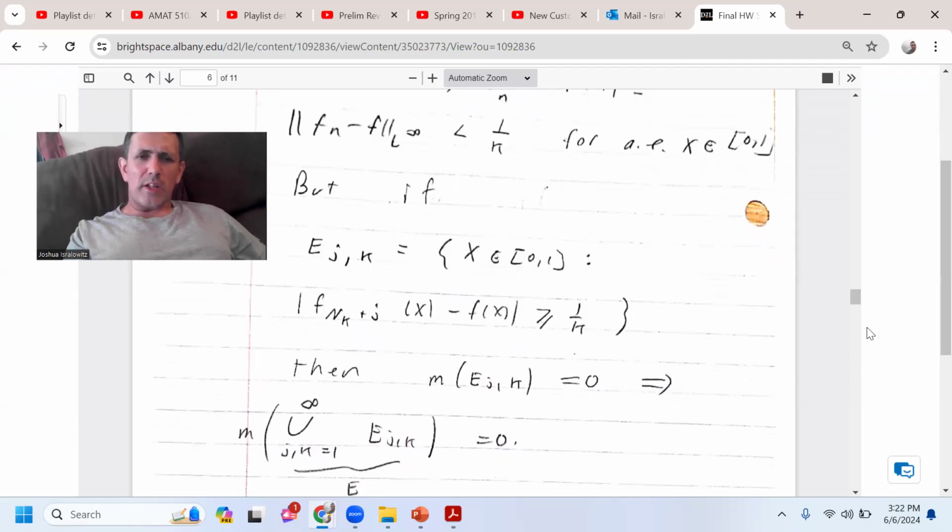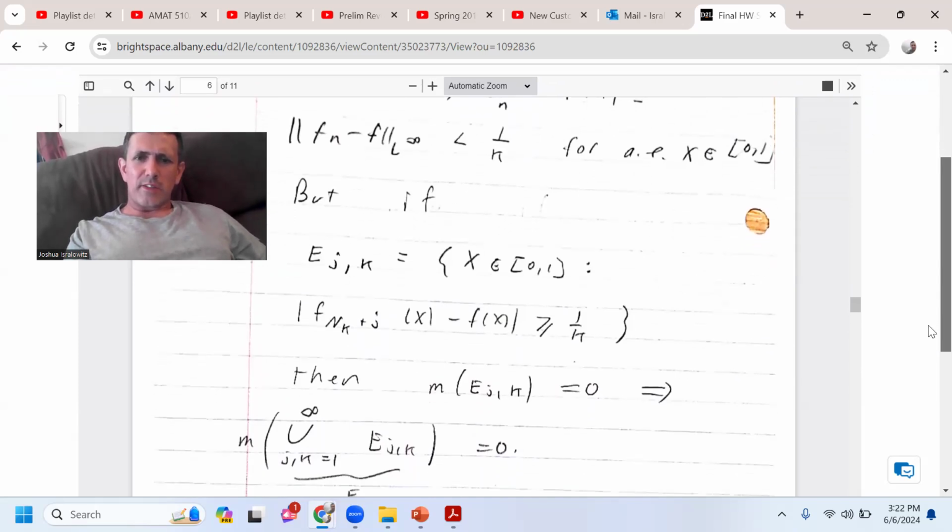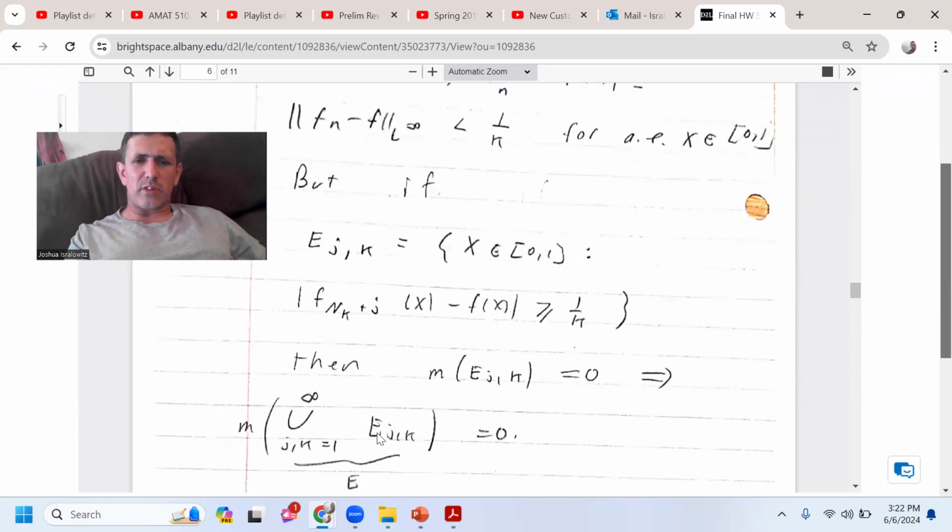So you would want to take, it's not clear that this is going to work, but this is a reasonable idea to try. We have all these bad sets. We want to excise all of them, and we can do that and still have something with measure 0, because the union of all of these has measure 0.